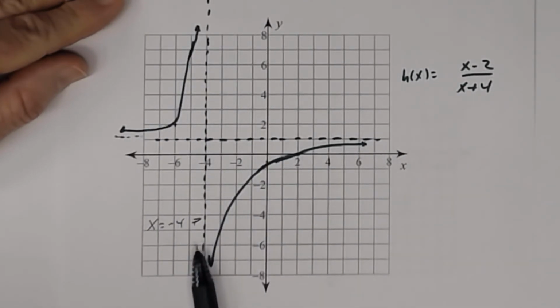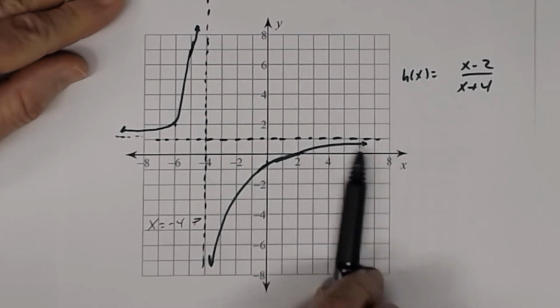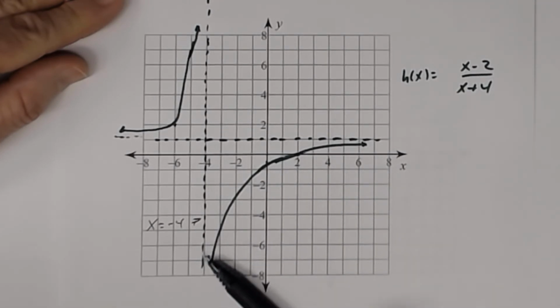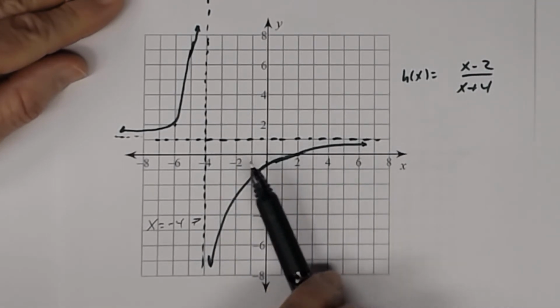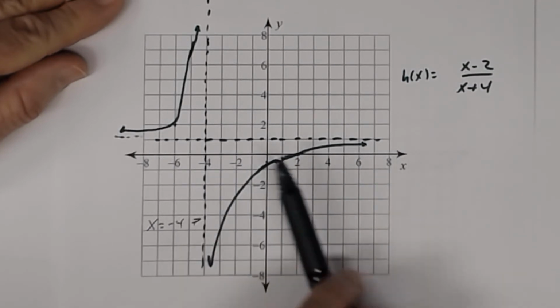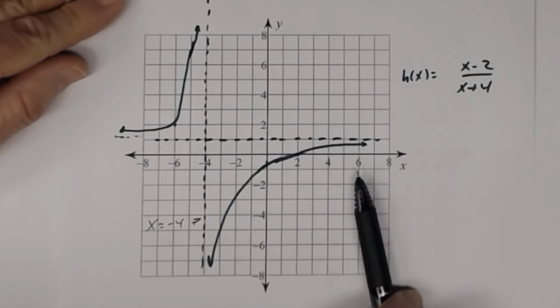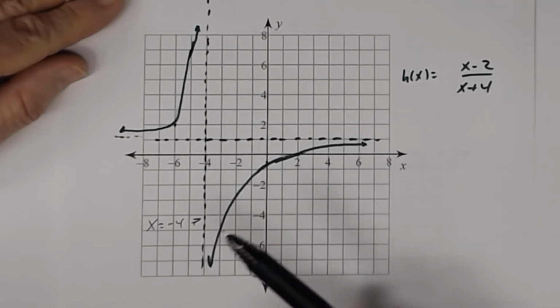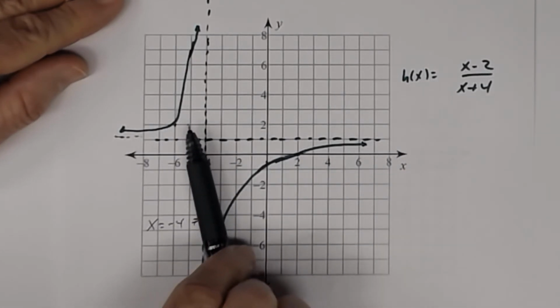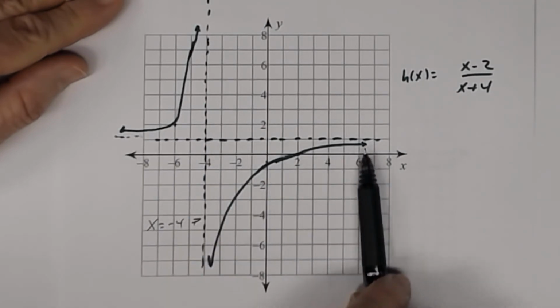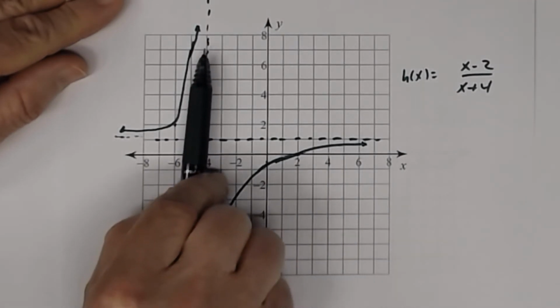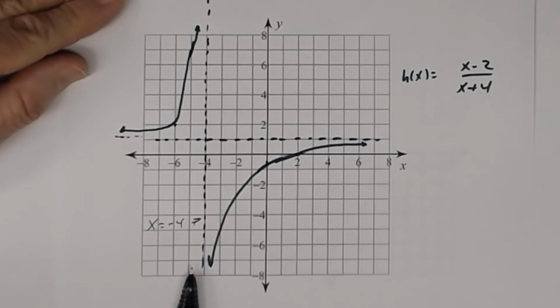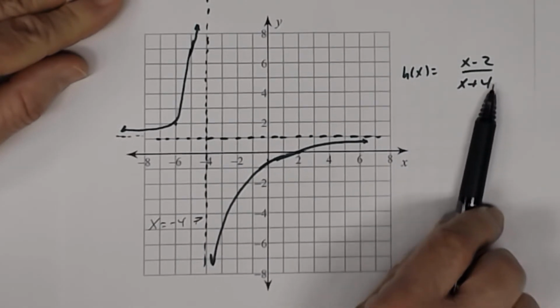And on this side, the graph is below, goes towards the horizontal, towards the vertical, like that. In this case, notice the graph does not cross the horizontal. It may, sometimes it does, but not in this case. Notice in both cases, it got closer and closer without crossing. It will never cross the vertical because that's where it is undefined.